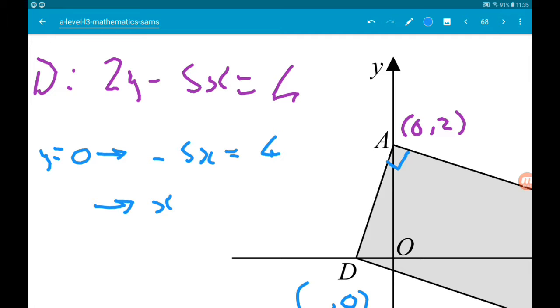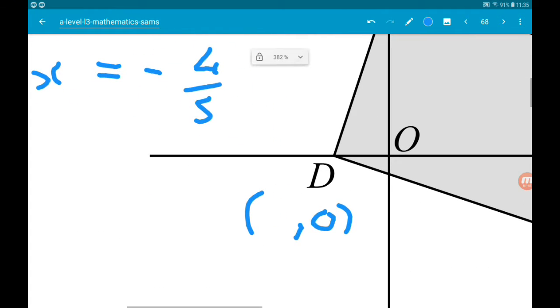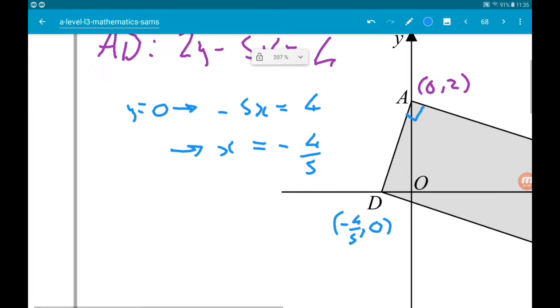So x is minus 4/5. So that is the x coordinate at point D. So from that we can find the length of AD.